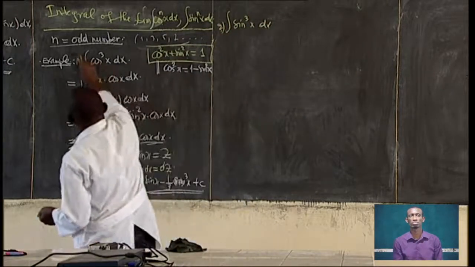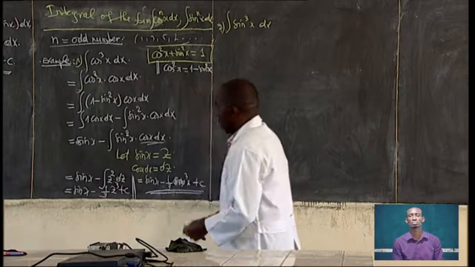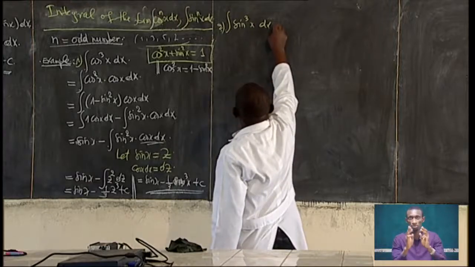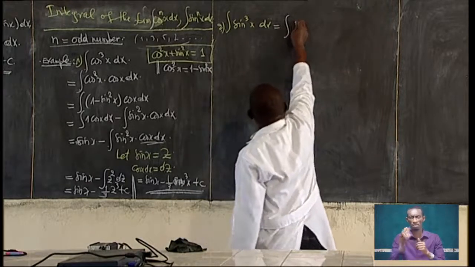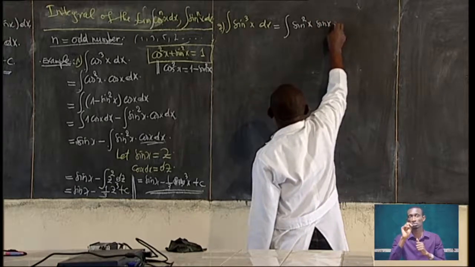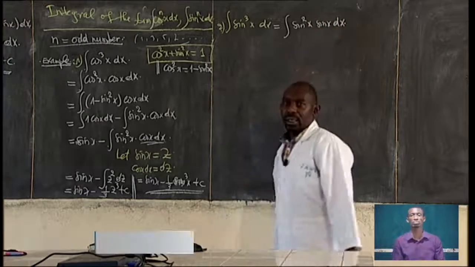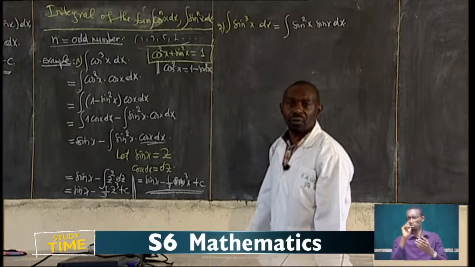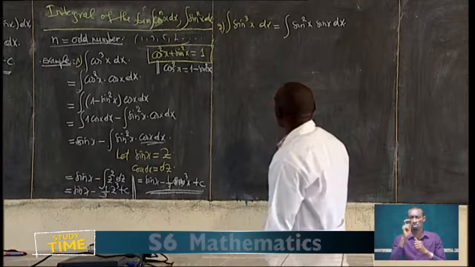This was number 1. Using the same method, I'll be having integral of sine squared x times sine x dx. And I express sine squared x in terms of cosine squared of x.